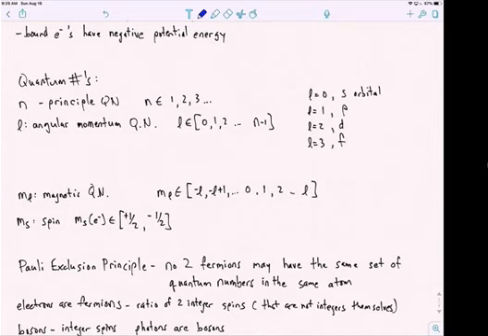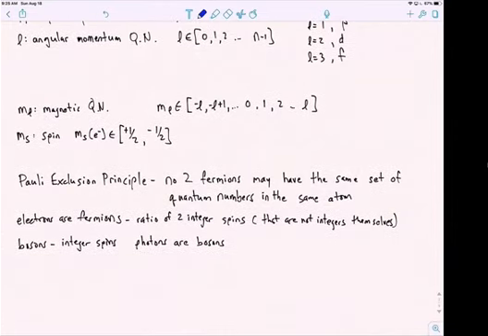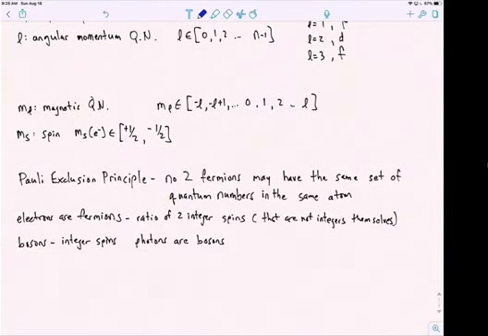And then this is not included in the next chapter, but I like to talk about it now. The spin is either plus 1/2 or minus 1/2 for electrons. And again, this is next chapter, but I like to talk about it now. The Pauli exclusion principle: no two fermions may have the same set of quantum numbers in the same atom. And electrons are fermions. So what is a fermion?